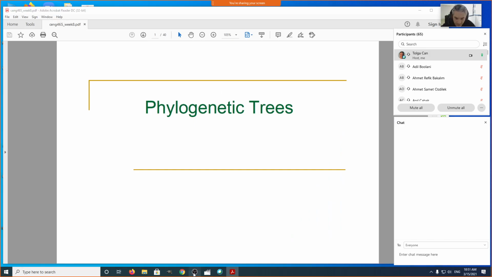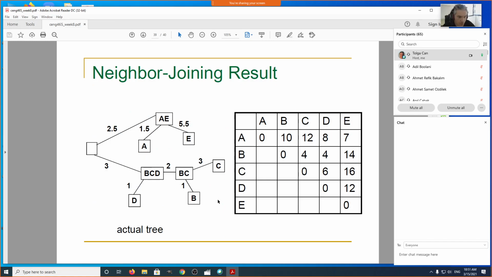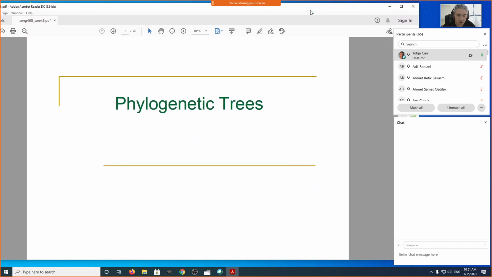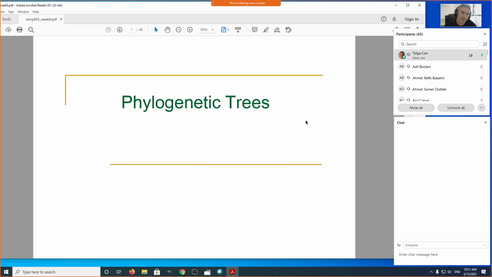But let me remind you the problem that we're dealing with. Phylogenetic trees. Our goal is, oops, I went to the last slide immediately. The goal is to build a hierarchical structure that shows the relationships among a number of objects. These objects may be whole organisms themselves.